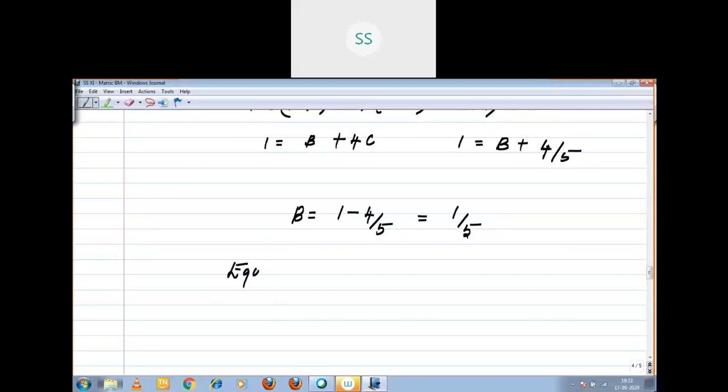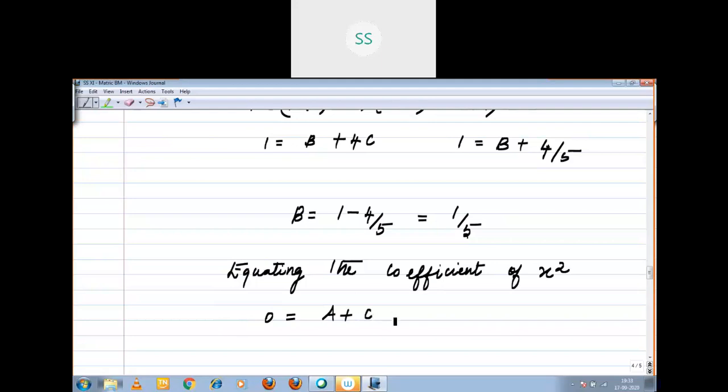Now equating the coefficient of x². On the left hand side 0 equals a plus c.